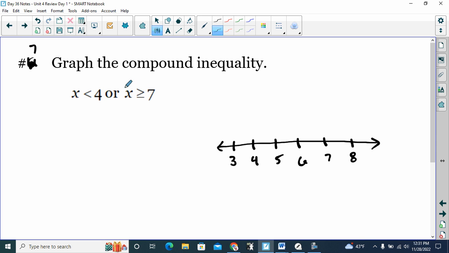Either of them could be true. Therefore, I want to shade in the x values that are less than 4. Those all make the statement true. Or x could be greater than or equal to 7. So for an or statement, I shade in each inequality.